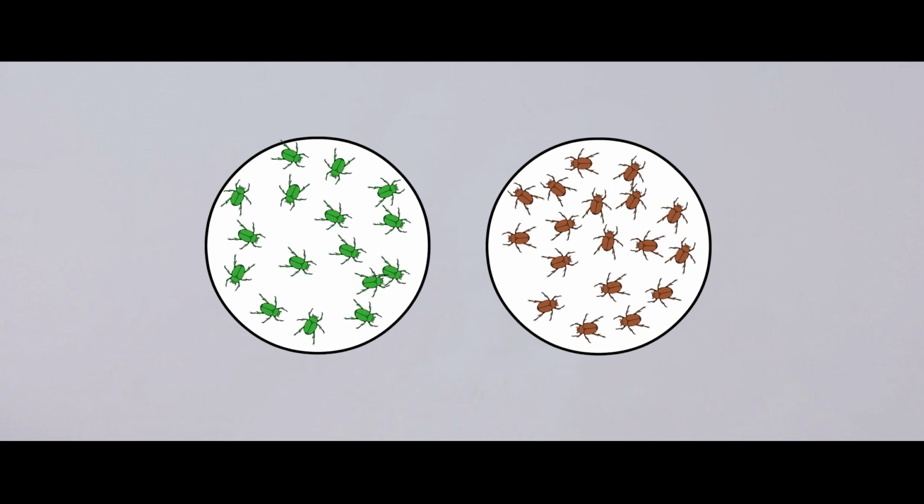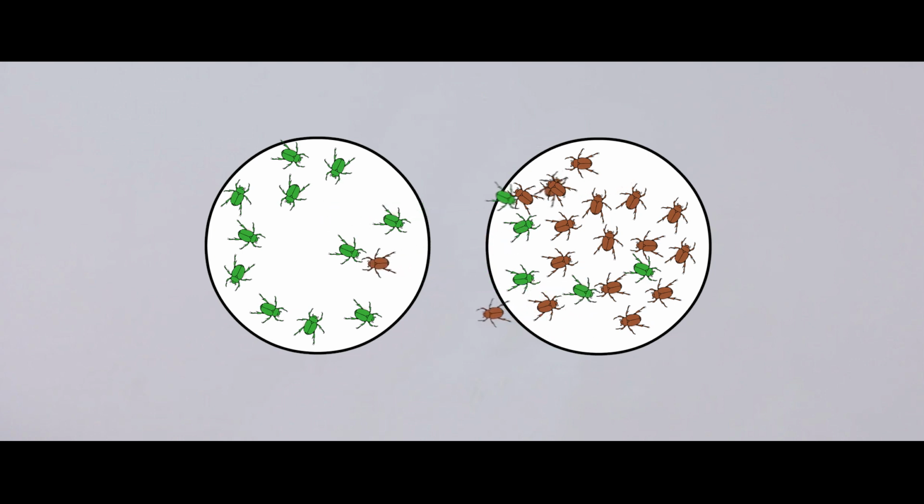Let us see how the flow of genes is happening in these two populations. You could see the movement of green beetles from the green population to the brown population, and in the same manner you could see brown beetles moving to the population of green beetles. In this way there is an exchange of genes from one gene pool to the other.